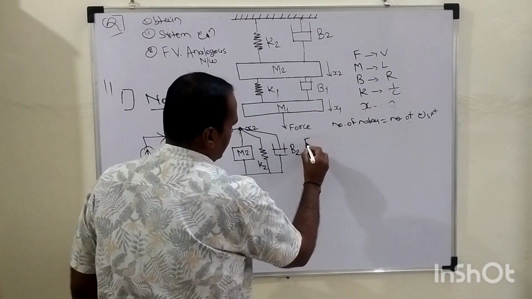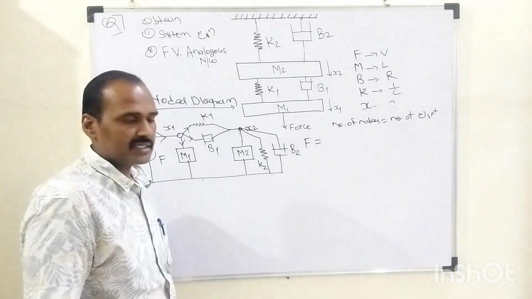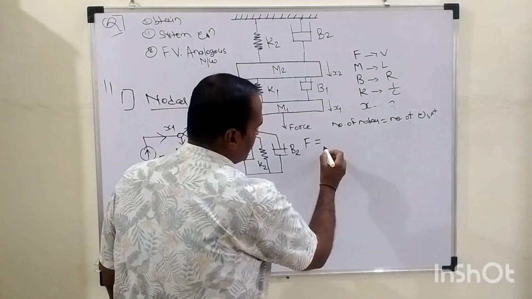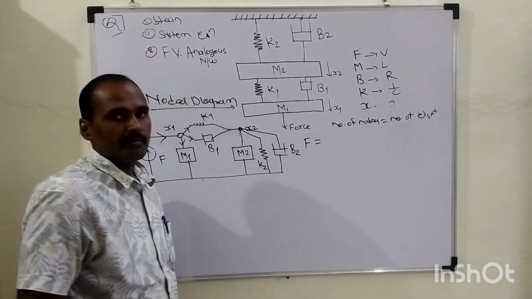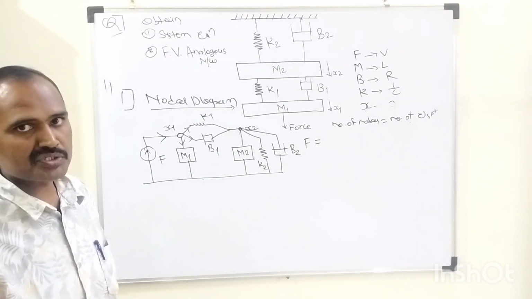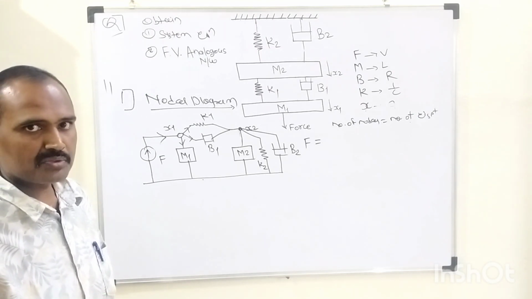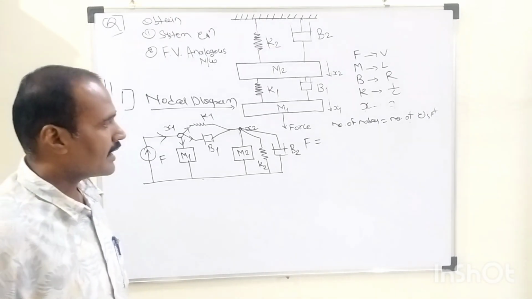Here F equals to, now the system equation for mass, how is that mass being mapped in terms of system equation? Mass stands for acceleration, meaning second order differentiation. Damper stands for first order differentiation, and spring means what? Net displacement from right hand side to left hand side, or from left hand side to right hand side.